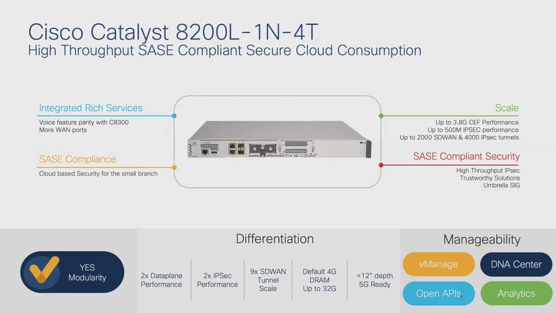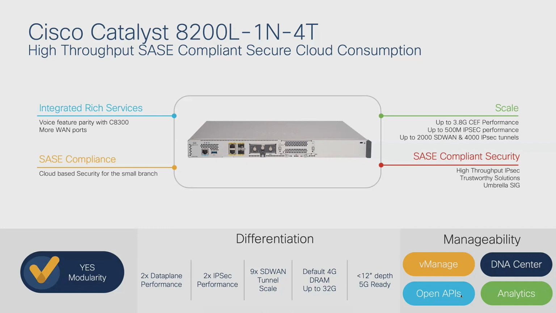So we got twice the data plane performance, twice the IPsec performance, and about 9 times the SD-WAN tunnel scale that we had on our previous 4321 router, for example, that this replaced. Okay, so it's really scaled up for fabric access, and it's meant for where services are being delivered in the cloud. That's why we have SASE compliant security here.